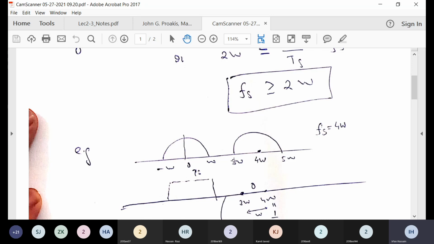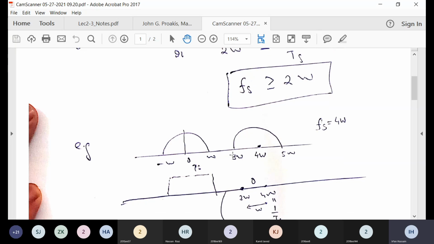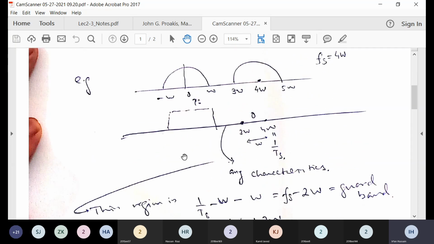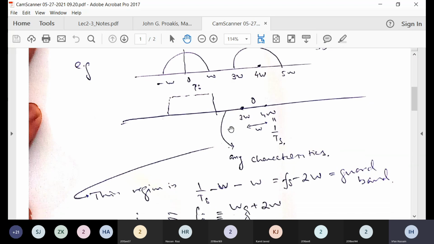Yes, 4W minus W, this is 3W, or you can say 1 over Ts minus W. So you come here, and this is your guard band between this point and this point. This portion has to definitely be 0, and in between you can have any characteristics.